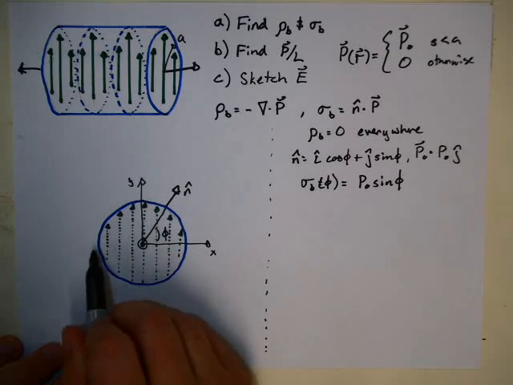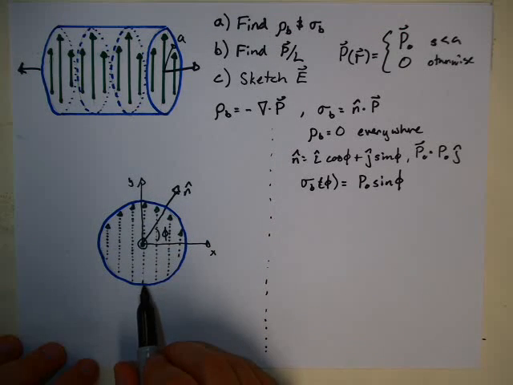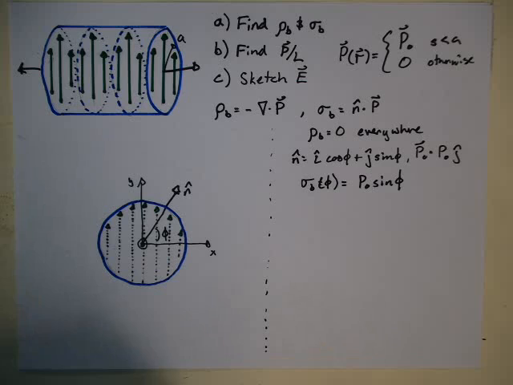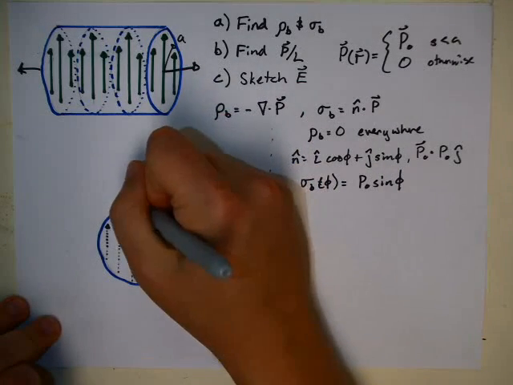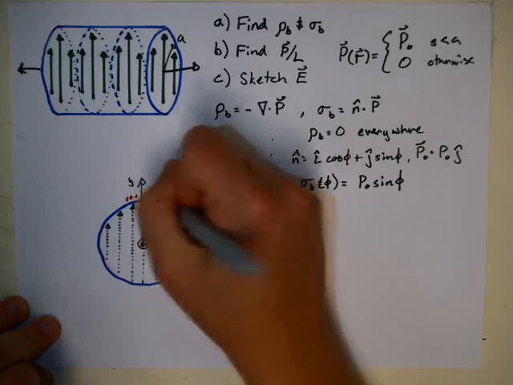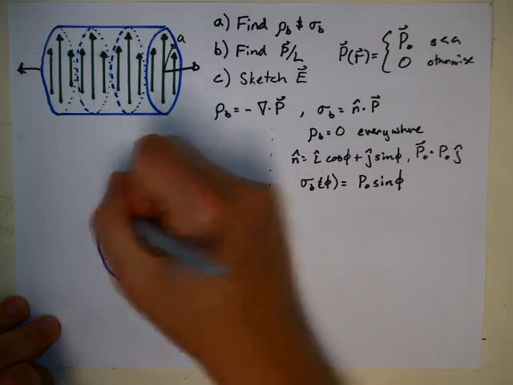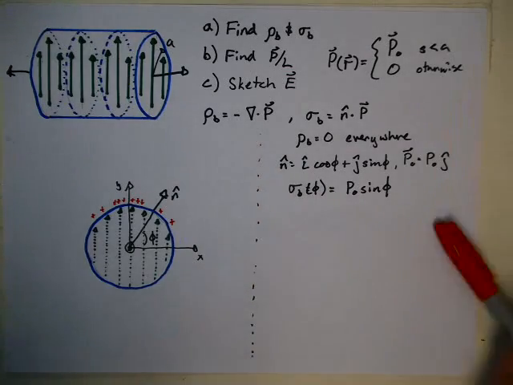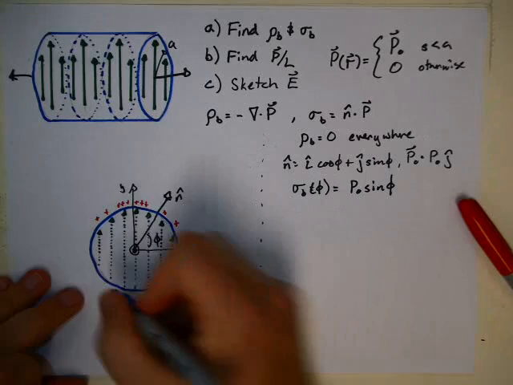It's 0 here at pi, and then it's a negative number here at 3 pi over 2. And so if we were to draw that in, we're going to get a maximum, a lot of positives here, a few less positives along the sides and nothing in the center. And same down here on the other end with the negatives.